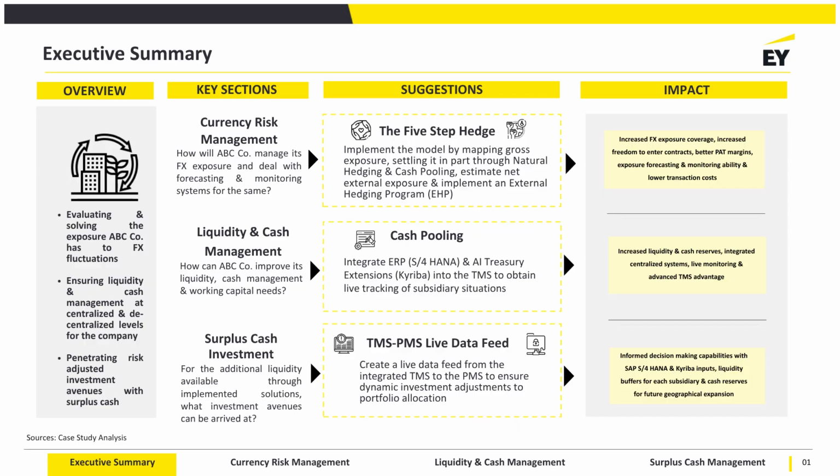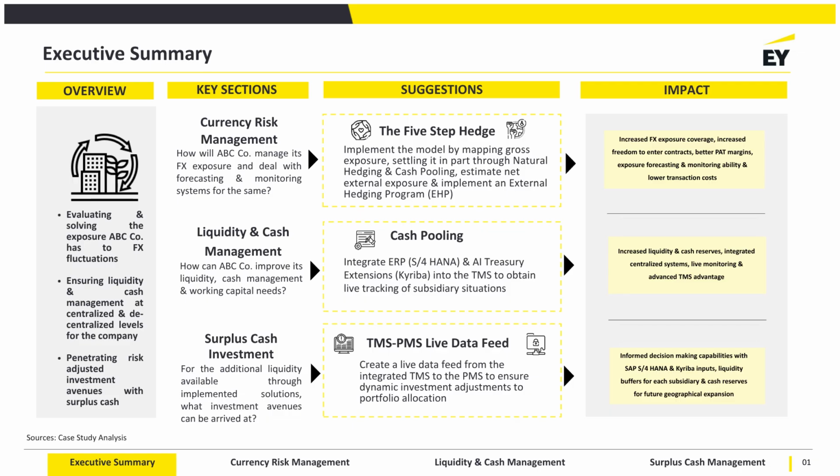sections. As far as the currency risk management section is concerned, we deal with how to manage foreign exchange exposure and build forecasting and monitoring models to help increase exposure transparency. For the liquidity and cash management section, we discuss how to optimize liquidity, increase cash levels, and working capital across centralized and decentralized entities.